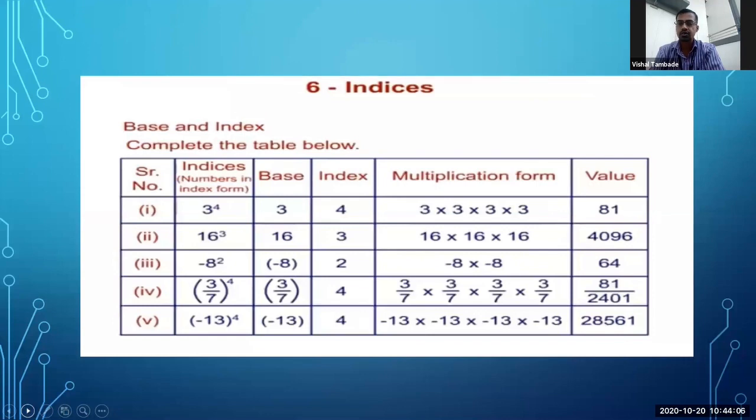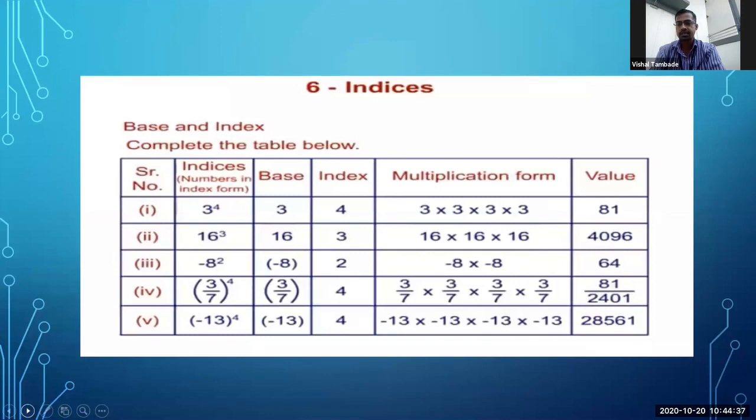Look, 3 raised to the power 4: 3 is at the bottom, that's why it is the base, B for bottom, B for base. And 4 is at the top, so 4 is the index. Means the bottom number is the base and the top number is the index. Everyone recognize it clearly.